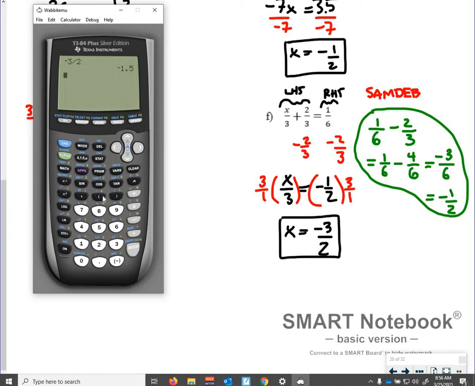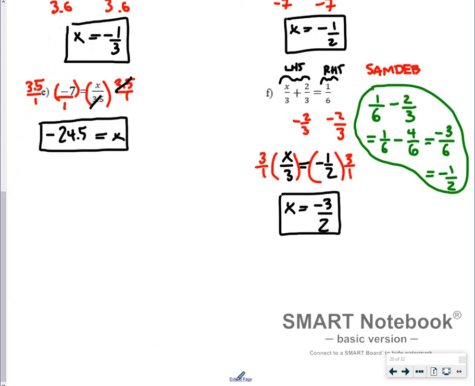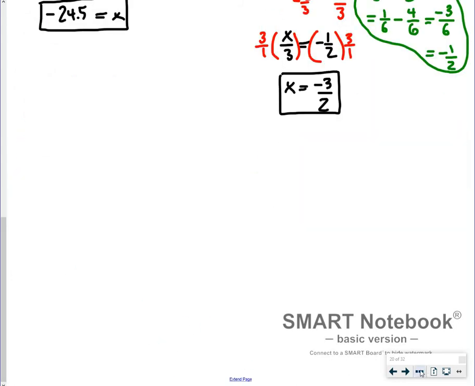So -1.5 divided by 3. So that's that. And then I'm going to add 2/3 to that result, and that should give me 1/6, hopefully. And it does, so -3/2 is the correct answer. Okay, a few more remaining.